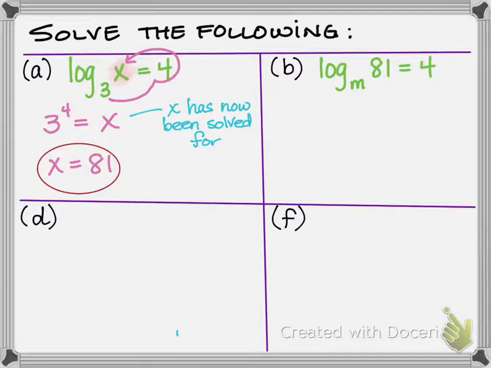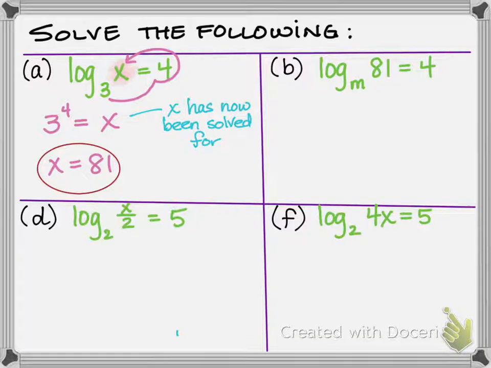And then you have log base 2 of x over 2 equals 5. And last, log base 2 of 4x equals 5. So pause your video, work these out, and then I'll see you in a sec.